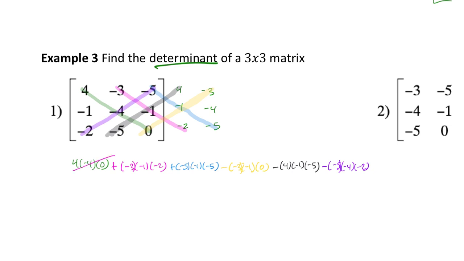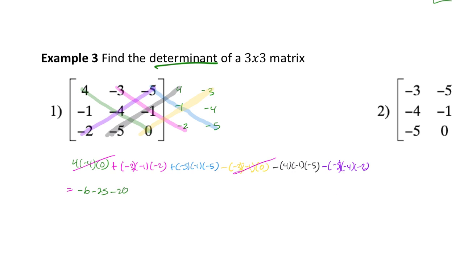Now let's simplify all that. So we know that this is 0 because it's involved with multiplication times 0. -3 times -1 times -2 is the same as -6. Then -5 times -1 times -5 is the same as -25. Then over here, on the black ones, I got minus 4 times -1 times -5, so that means minus 20.